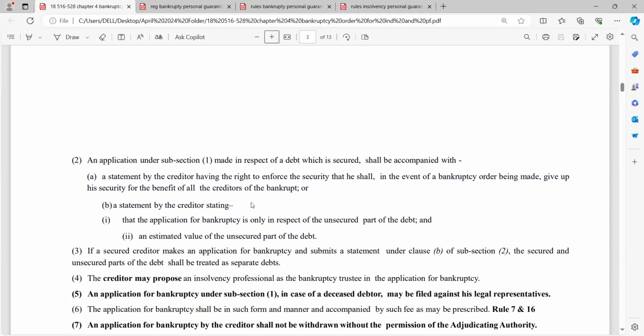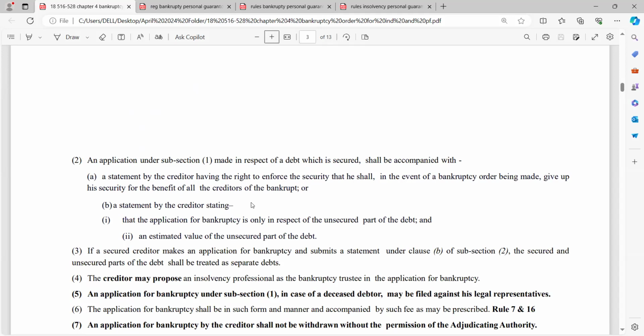So it is the option for the creditor who is a secured creditor. He may give up his security for the benefit of all the creditors, or he may say that this application for bankruptcy is only in respect of the unsecured. Sir, this provision is similar to section 110 in insolvency actually.